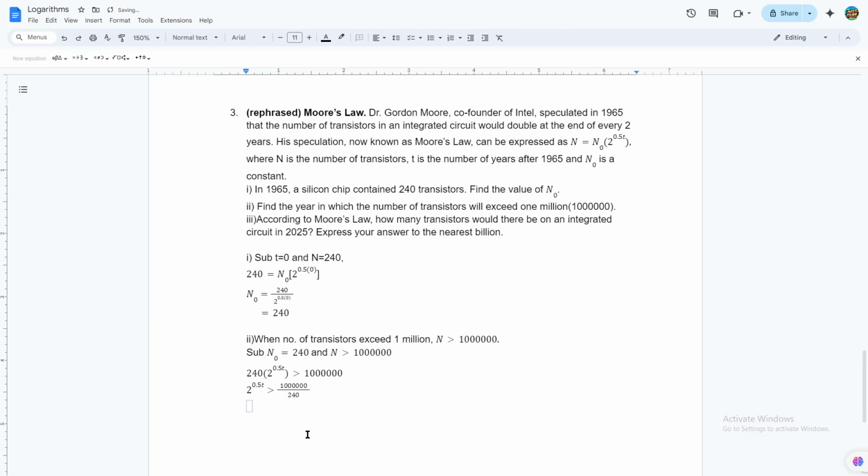So if we put a log base 2 on both sides, log base 2 of 2 to the power 0.5t is greater than log base 2 of this fraction.